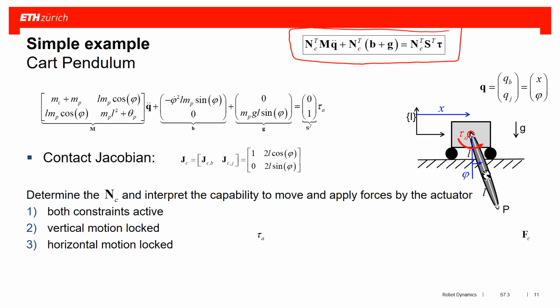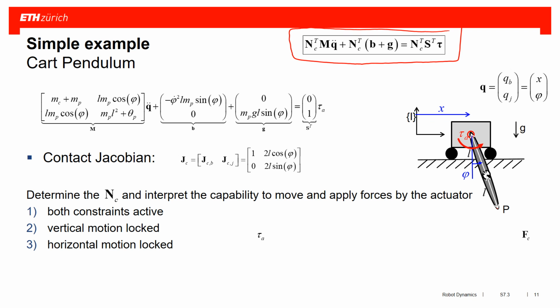Now what we would like you to do is to determine this null space projector matrix and then interpret the capability to move and apply forces by these actuators, similar to what we were doing in the last video segment, but now with the full dynamics equations of motion, where we analyze 3 different cases.